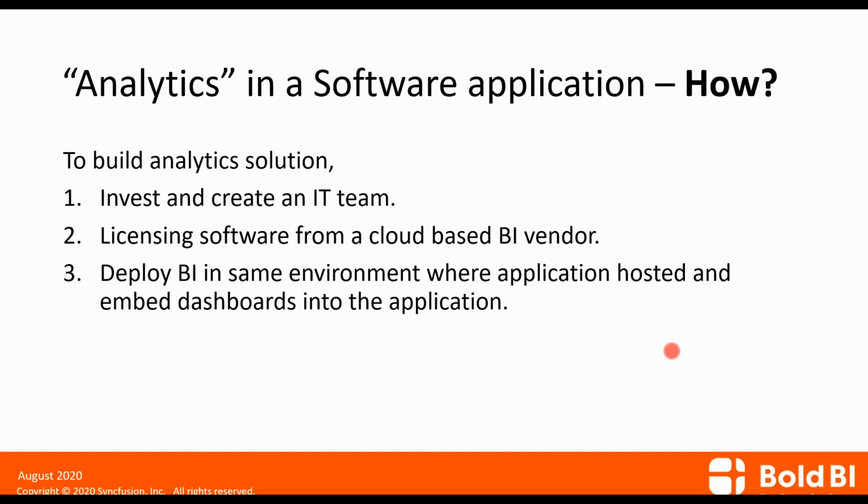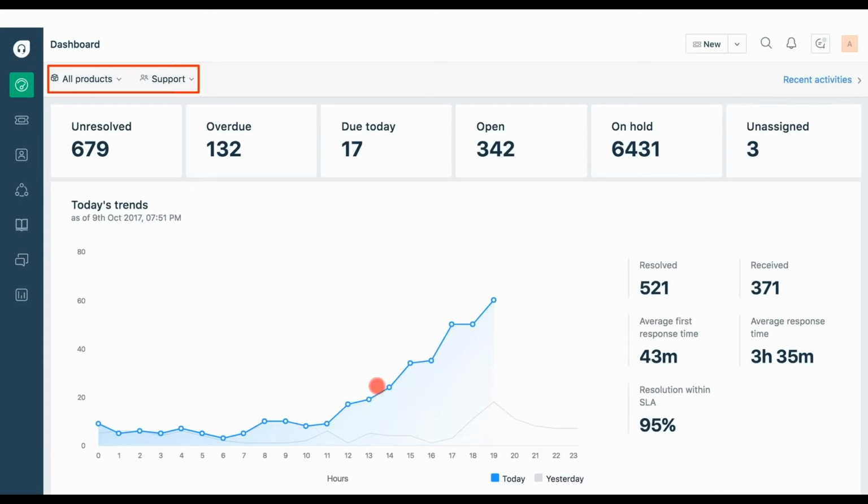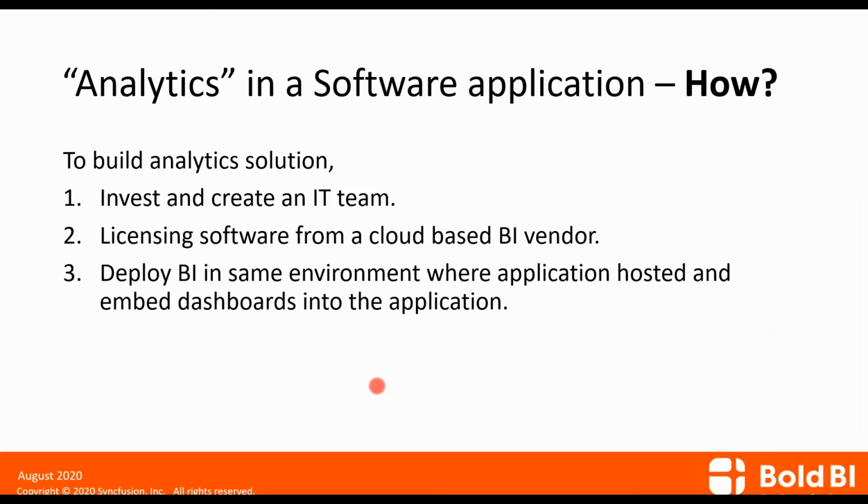One is building that product, and that product's CEO decides to have such a reporting solution in his product, right? In that case, to build that analytic solution for an application, in general, companies follow one of these three options. Let us take the same customer service example. That CEO would be thinking about how to build that analytic solution into his application.